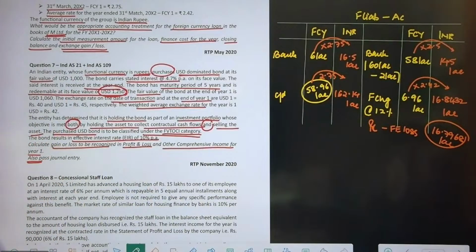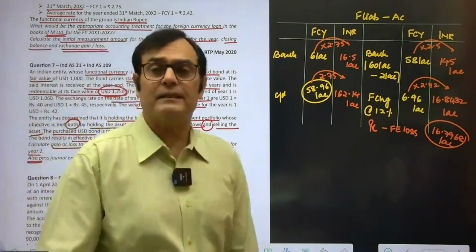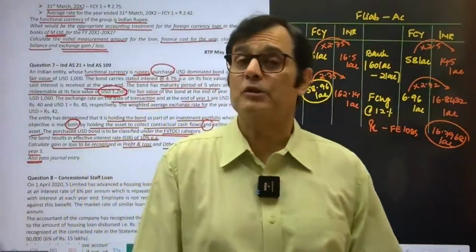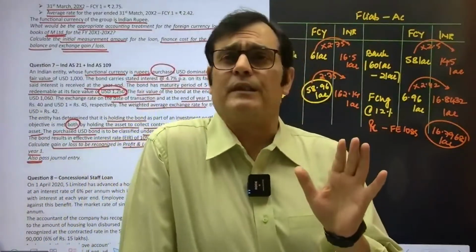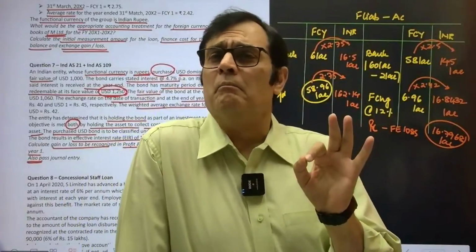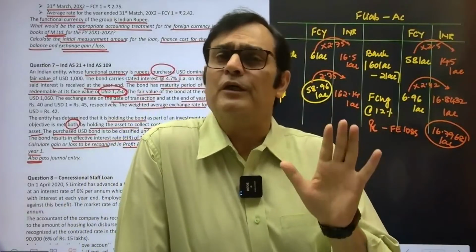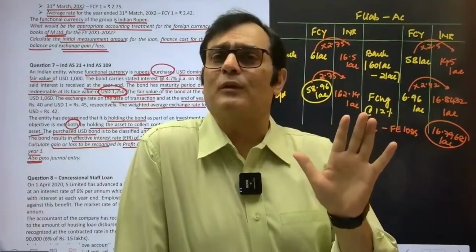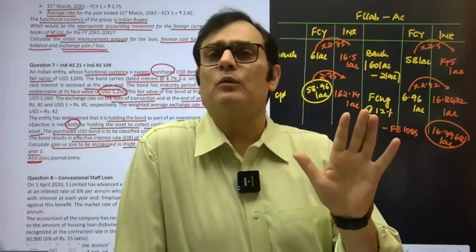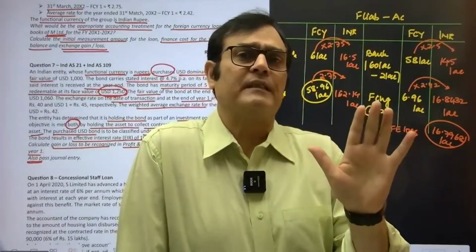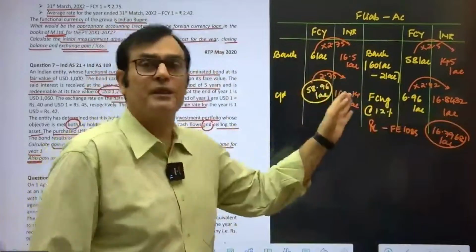I think I'll make the ledger account. Then from that ledger account, you can easily capture the journal entries as well. So here again, you can see a blend in terms of financial instruments and Ind AS 21. My advice is that if you get this kind of a question, make two columns in the ledger account. First, concentrate on Ind AS 109, and then you can convert the figures using the relevant exchange rates exactly the way we did out here.